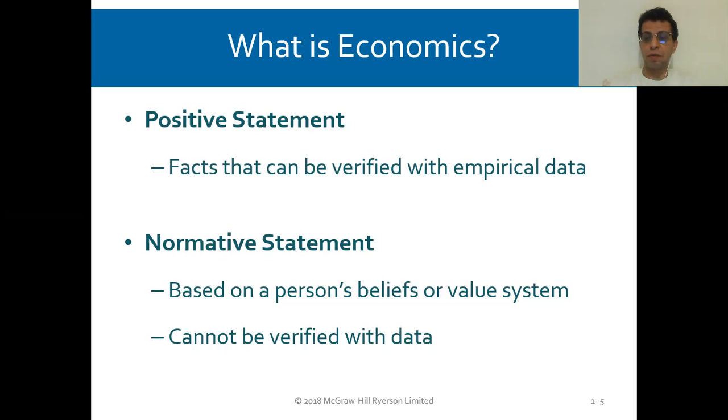They call it a positive statement when the data is very clear and associated with the result. A normative statement is based on a person's belief or value system and cannot be verified with the data. So if we say the person became rich, the question comes in here: how rich did he get, compared to what?